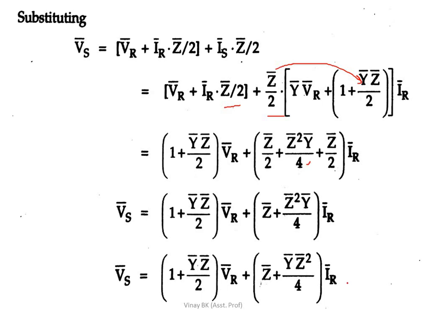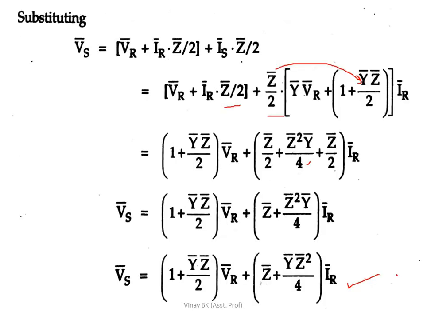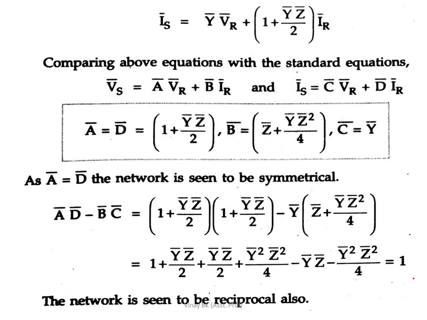By simplifying, we get VS equals 1 plus YZ by 2 into VR plus Z plus YZ square divided by 4 into IR. You can give this as equation number 2, and the earlier one as equation number 1.